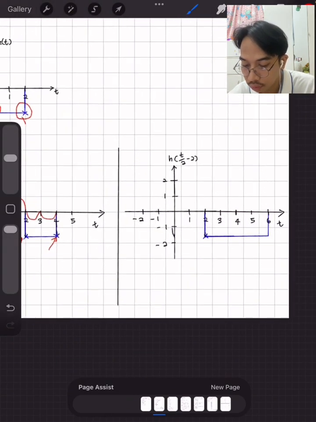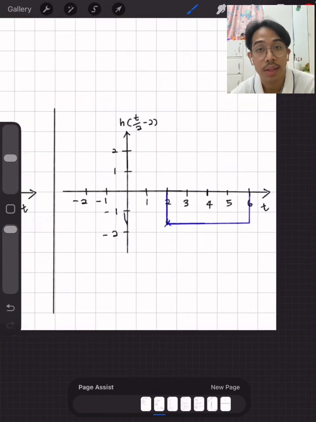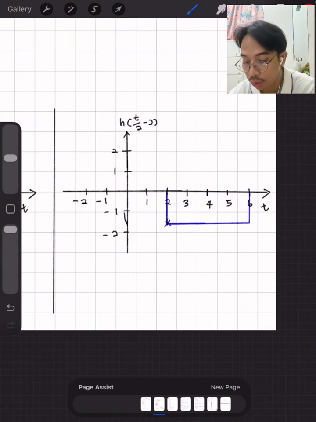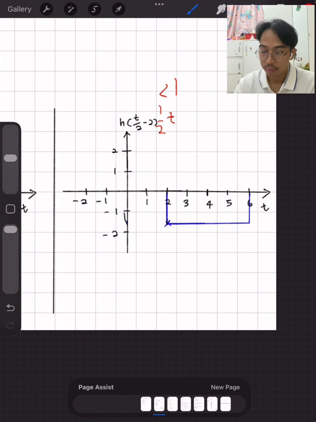And for h(t over 2), it will be scaled by a factor of 2. We expand since it is less than 1, so it goes like this, 1 over 2t.